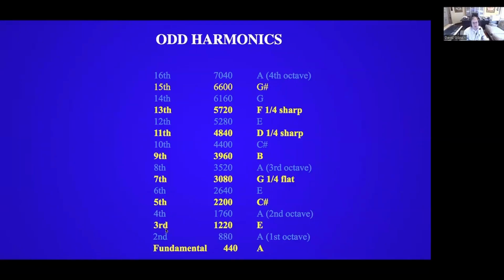We're not talking intervals, we're talking the number of the harmonic: 1, 3, 5, 7, 9, 11, right? And the intervals of that, 1, 3, 5, 7, all the odd harmonics, are a weird chord: A, E, C sharp, G a quarter flat, B, D a quarter sharp, F a quarter sharp. That chord that's in a gong or a bagpipes in the sound, right?